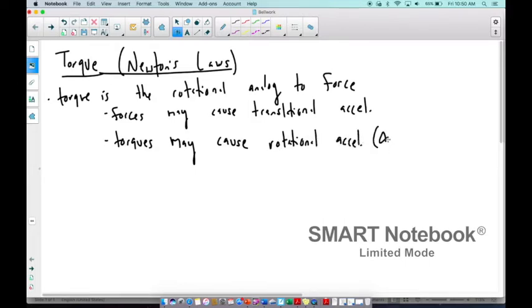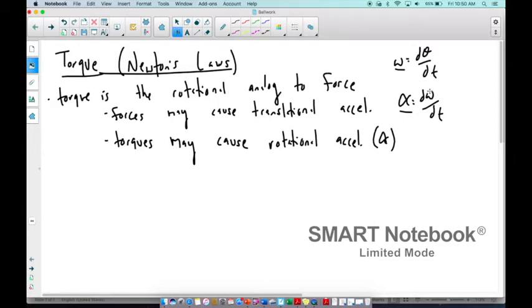And that, of course, is denoted with the Greek letter alpha. So let me remind you that omega is an angle change with respect to time of a rotating body. And alpha is the change in omega. It is the rotational acceleration. Omega is rotational velocity. Alpha is rotational acceleration.